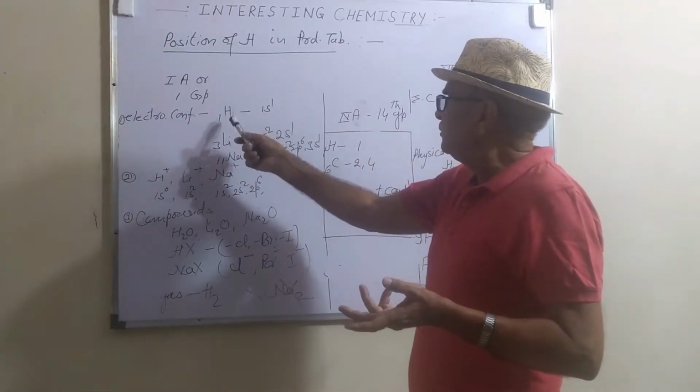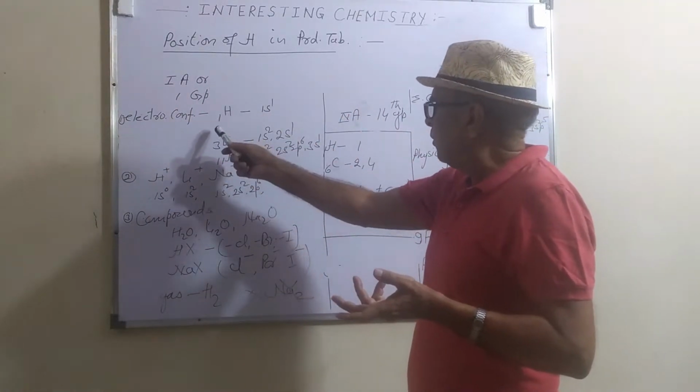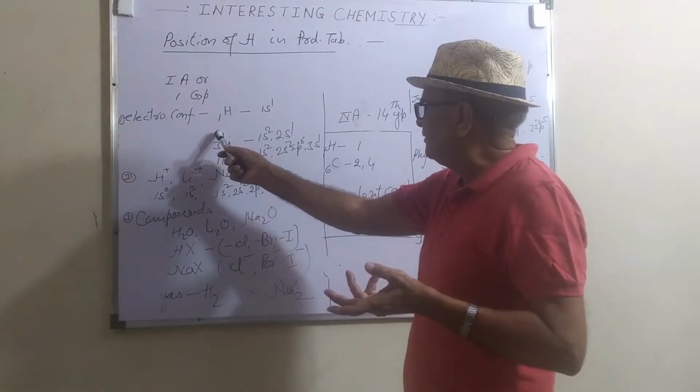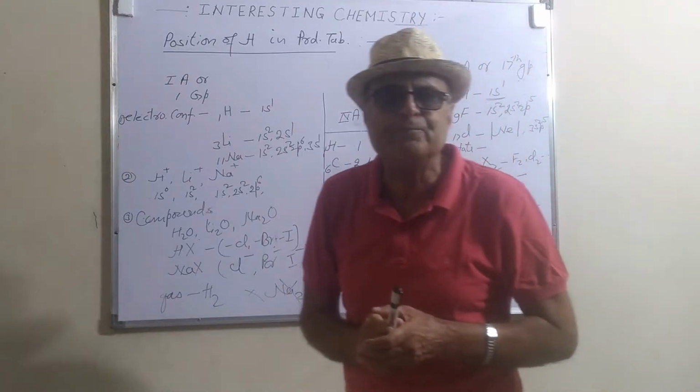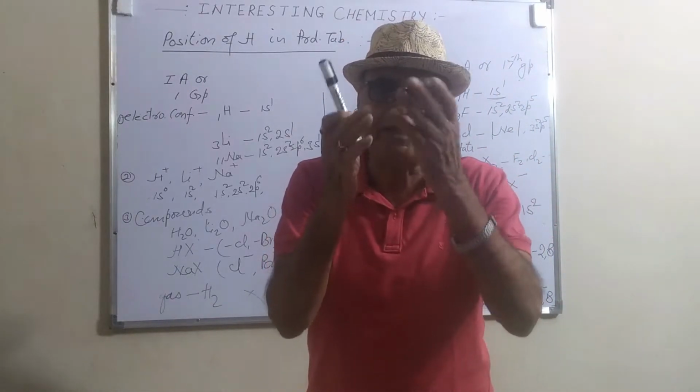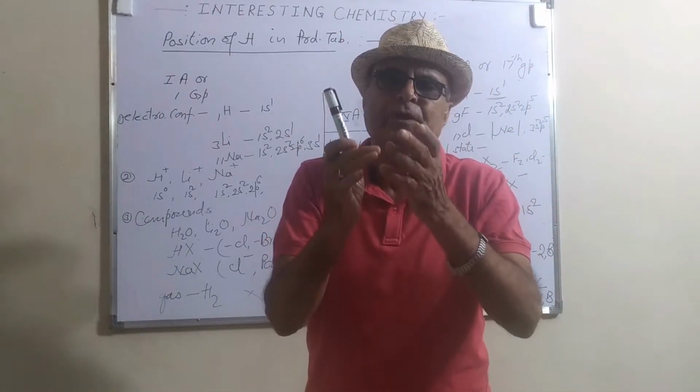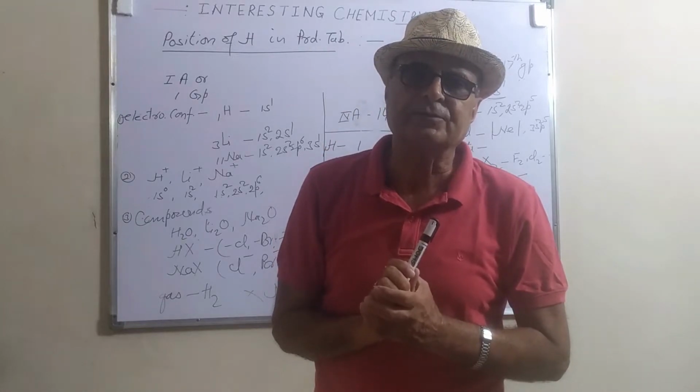Because in the first group, all the elements are lithium, sodium, potassium, rubidium, cesium. So hydrogen is placed with the alkali metals.